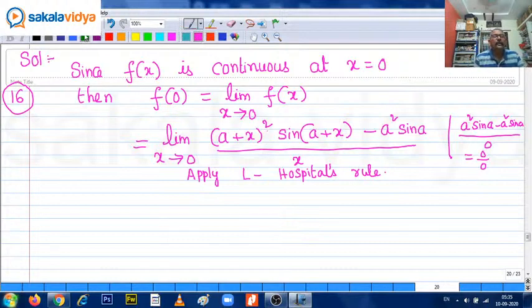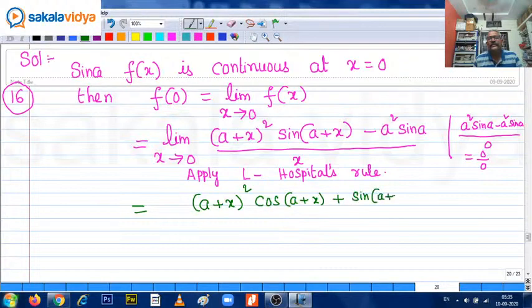So now all of you remember how to differentiate. This is (a plus x) square into sine of (a plus x), which is actually the UV method. (a plus x) whole square into derivative of sine of (a plus x), which is cos of (a plus x), plus sine of (a plus x) into derivative of the first function (a plus x) whole square, that is 2 times (a plus x). Minus a square sin a is constant because x is the variable. x tends to 0 means x is variable, and a is absolutely constant itself only.